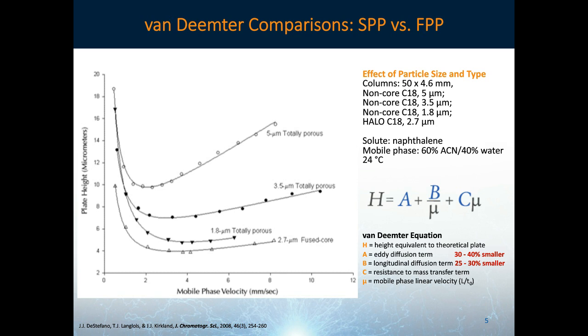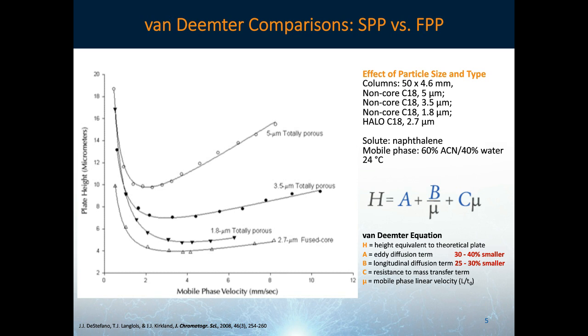So if you direct your attention to the plot, what we have is plate height, or H, plotted on the y-axis, and that's followed by mobile phase velocity plotted on the x-axis. The trace with open triangles is the curve for 2.7 micron fused core particles, and you can see that it's flat at high linear velocities, which means that a faster flow rate may be used with minimal loss in resolution.